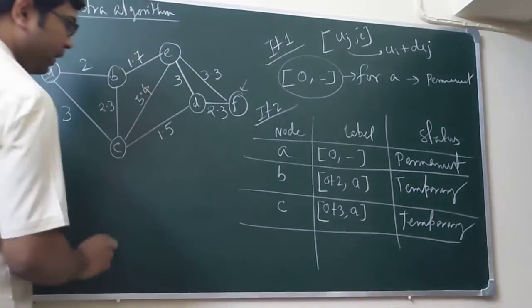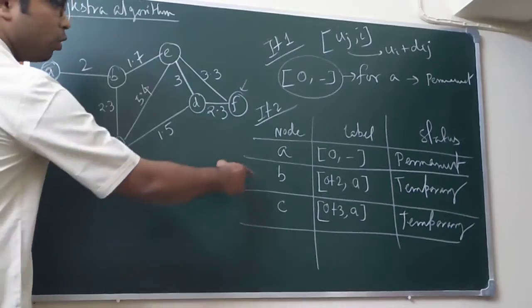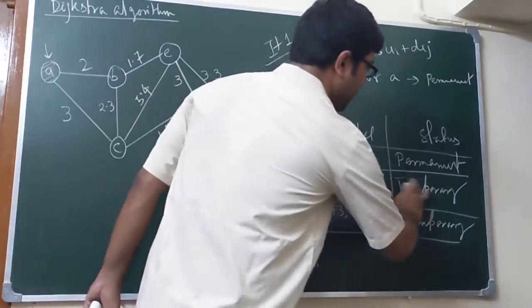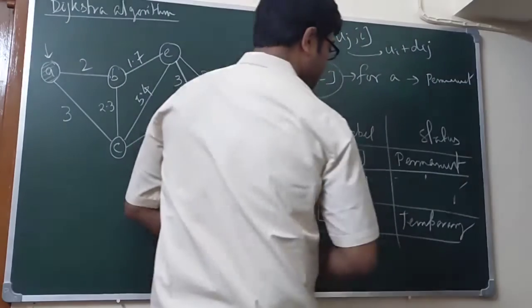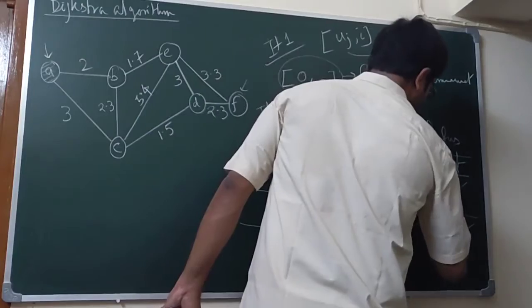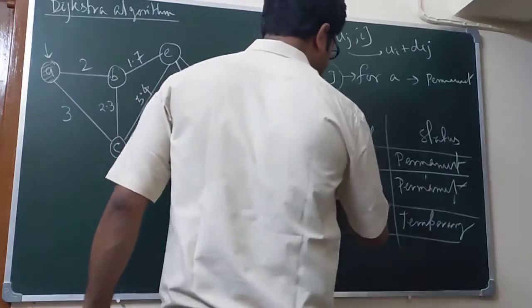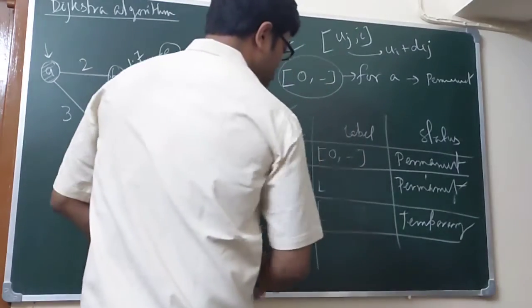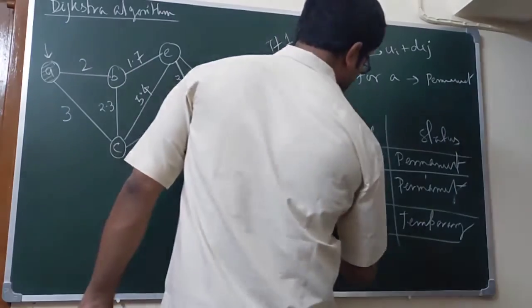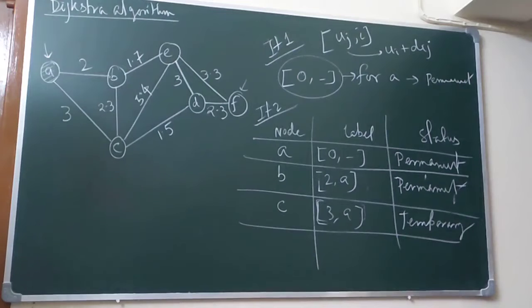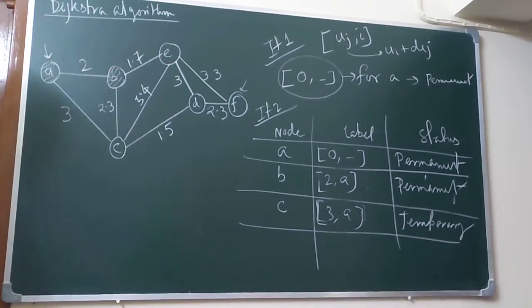So after iteration 2, B becomes the permanent node, with value 2A, and C remains temporary with value 3A. So after the second iteration, node B becomes permanent.